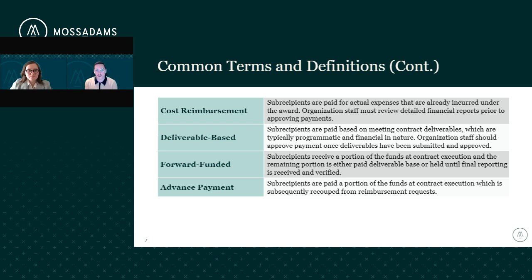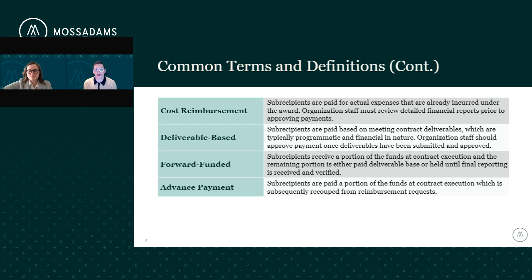Deliverable based. These contracts are based on the achievements of certain milestones or objectives in an award. So if there is an action that must take place first, and then an associated amount of funding that goes with that, once that action or deliverable has been met, then funding will be received by the organization.